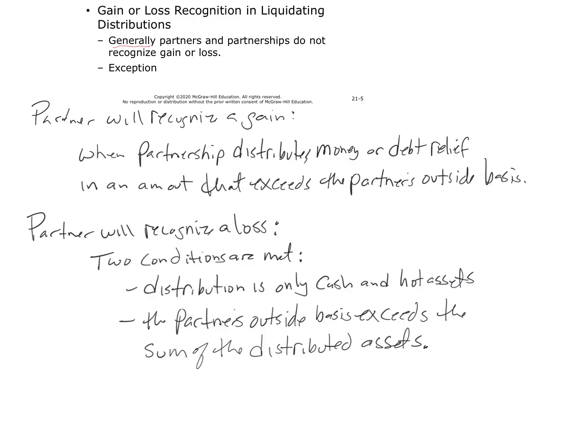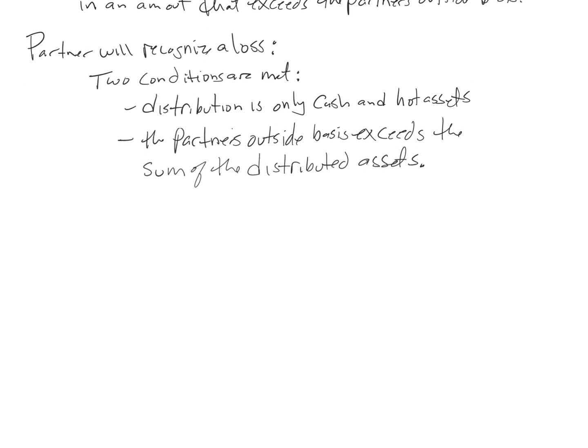All right, so we talked about gain or loss. And while gain or loss on a liquidating distribution is an issue, and it's a big issue, it's not the only issue that we have to be concerned about. So I'm going to rearrange my slide just a bit, because we have a couple of other issues we have to talk about. So the first one is, now you've distributed all this property.